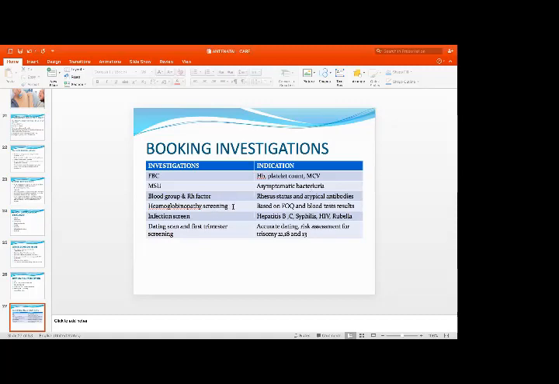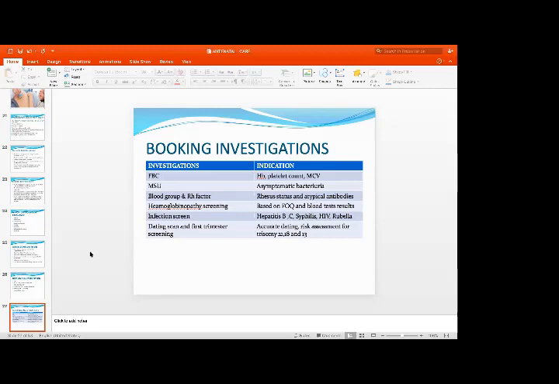Then hemoglobinopathy screening. It is based on family origin questions and blood test results. Infection screening includes hepatitis B, C, syphilis, HIV, rubella, and scans include the dating scan and the first trimester screening of trisomy 21, 18, and 13.